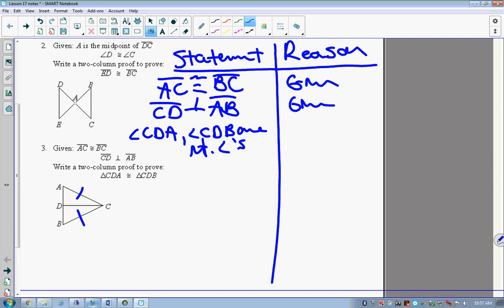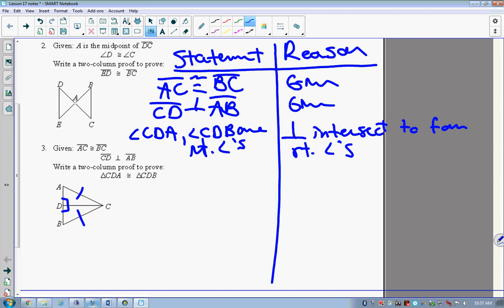Right. So perpendicular lines intersect to form right angles. Okay? It's not complicated. It's stuff that you already know. We're just trying to put it into words.